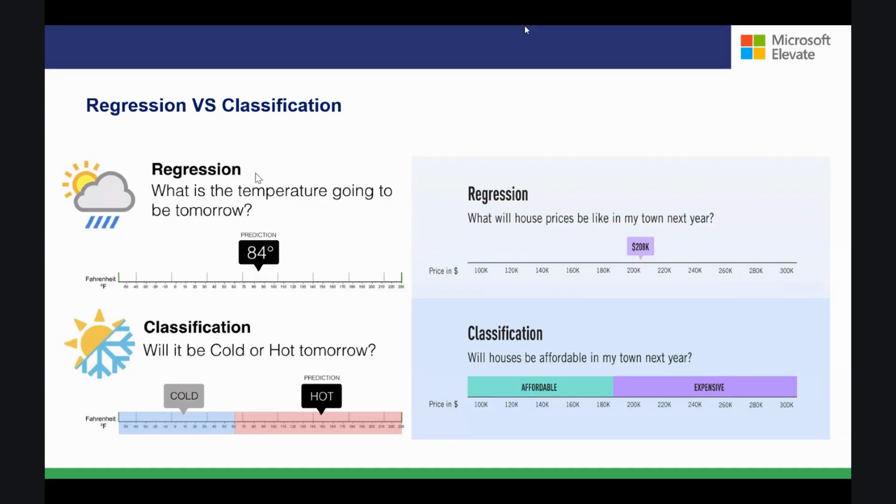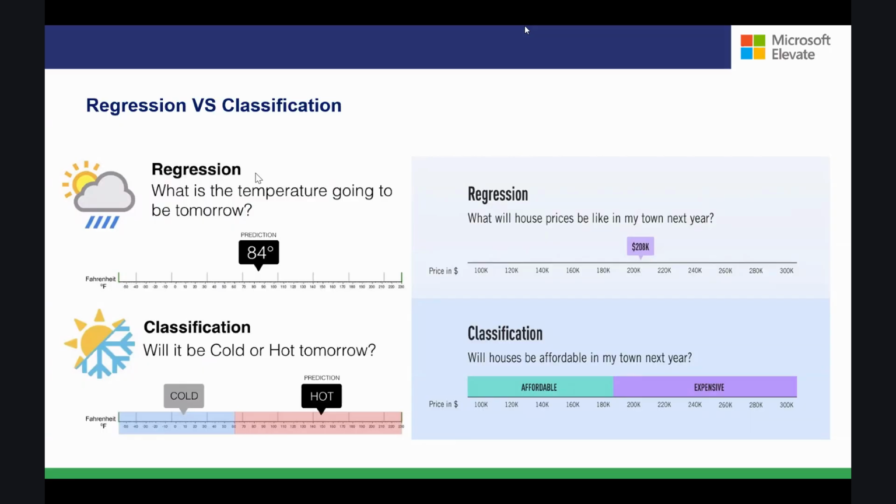Simple, right? In my example, I predicted a numerical number in the form of temperature, in the form of house price next year. Now, I want to classify it, whether it is hot or cold, 84 degrees, and whether it is affordable or expensive, $208,000. So, do you think it just requires a single line of code?